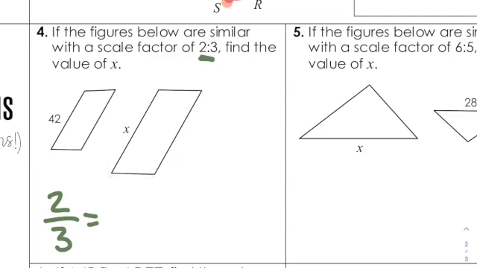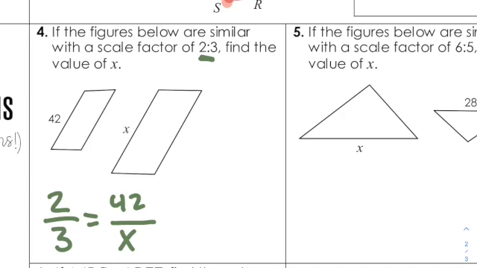The 42 is smaller, right? Since the 2 is smaller and on top, then the other smaller one needs to be up top as well. If you have that logic behind it, you should set up your equation correctly every single time. So the 42 goes up top and then the x goes on the bottom.